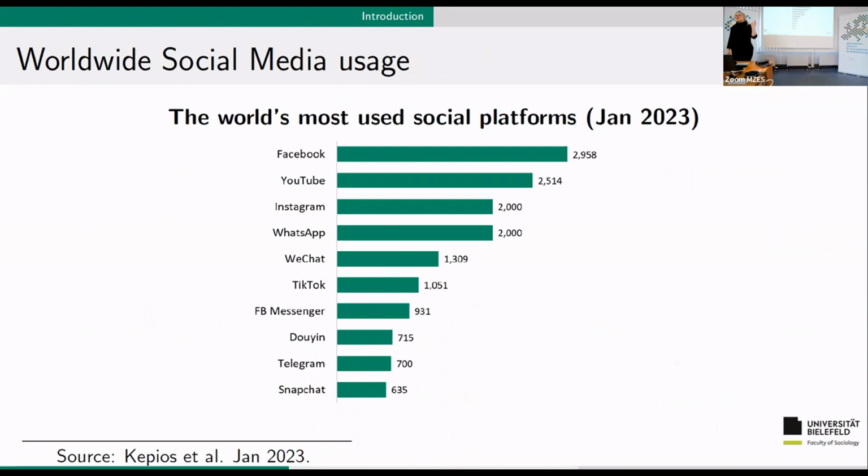The number of users for Facebook is decreasing in Europe, but in other parts of the world, it's increasing. So there isn't really a downward trend for Facebook at the moment. Then it's followed by YouTube and then by Instagram, WhatsApp, and so on. So overall, there is a vast amount of people accessible, especially by using Facebook as a research tool.